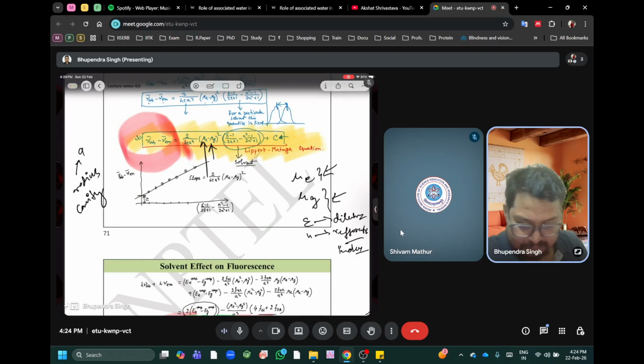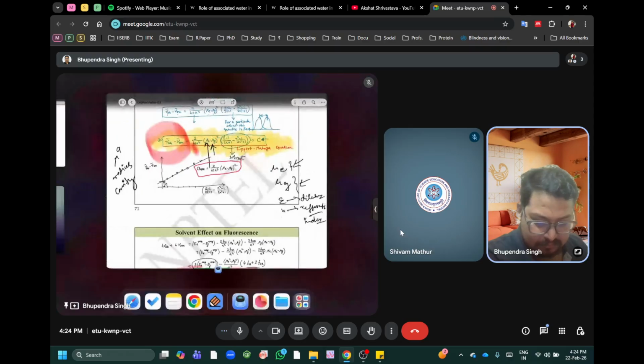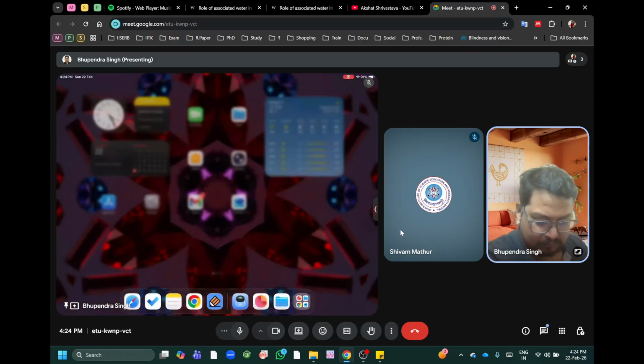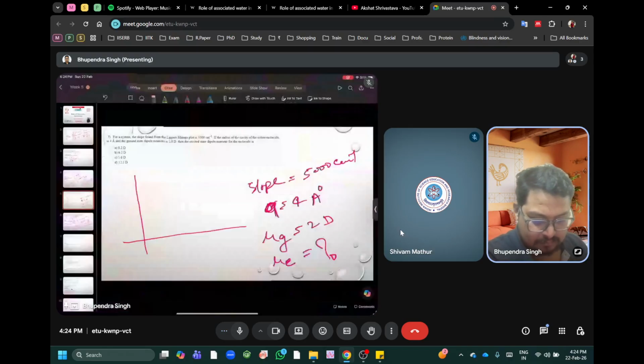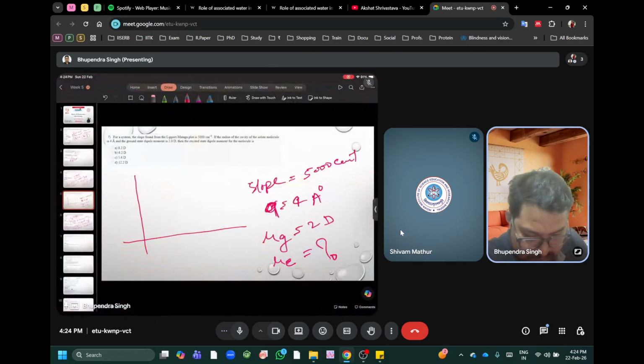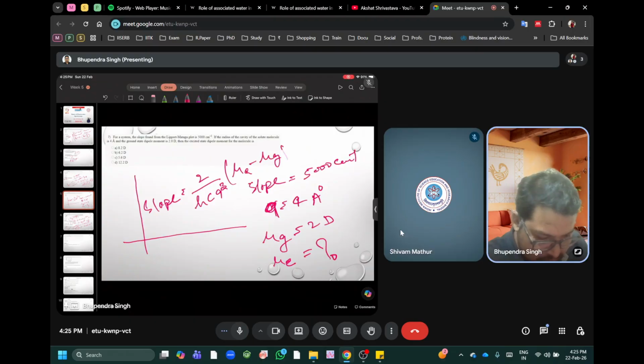So the slope is this for Lippert-Mataga. Slope is 2 divided by h c a cube times (mu e minus mu g) whole square.